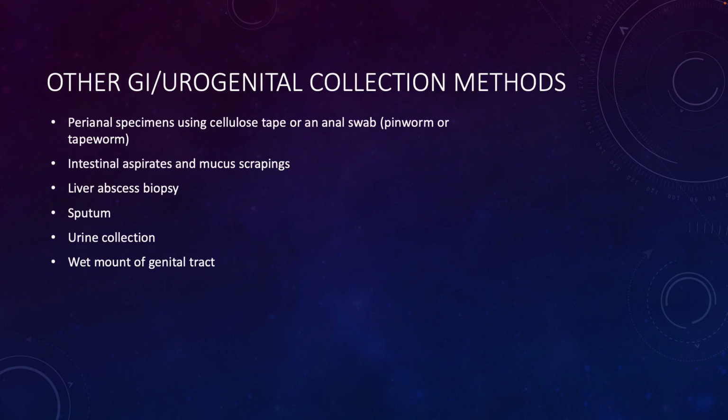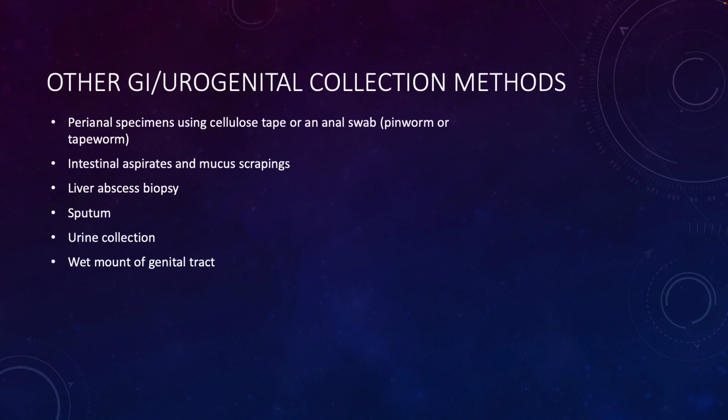Other mechanisms for collecting either GI or even urogenital samples: for patients that you suspect have pinworm, you actually have to collect a sample right around the anus. And the way that this is commonly done is using tape. You put a piece of tape, and the pinworms come out at night to lay their eggs, so they'll get stuck on the tape.